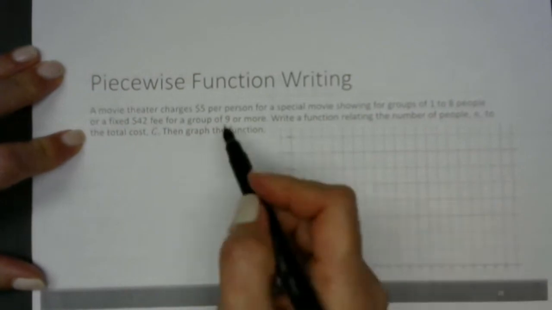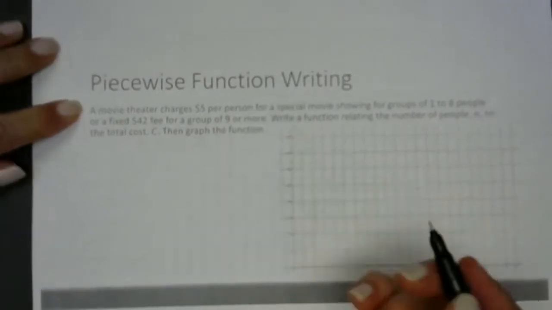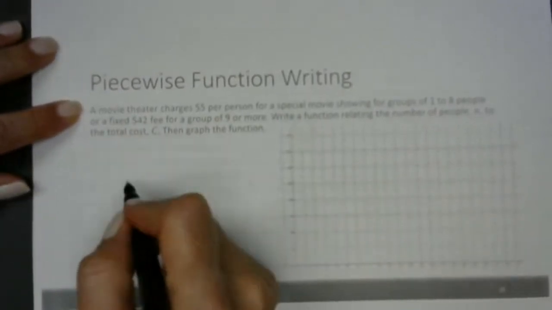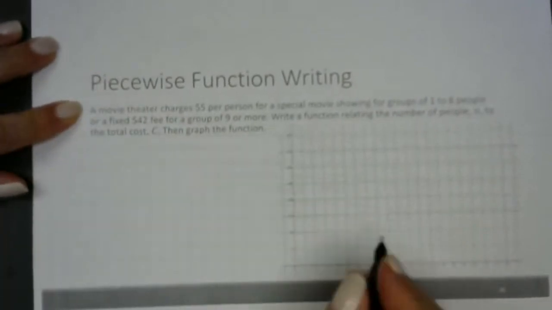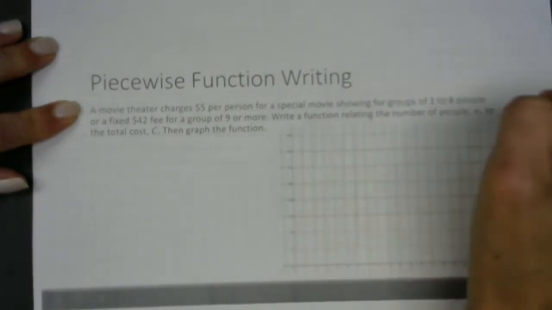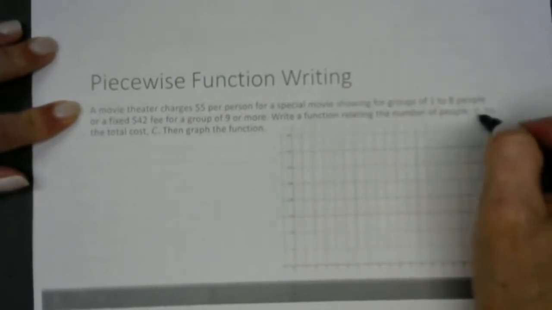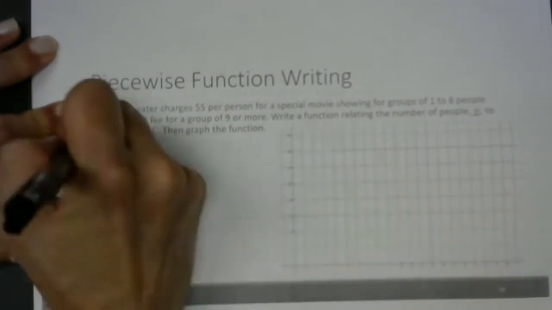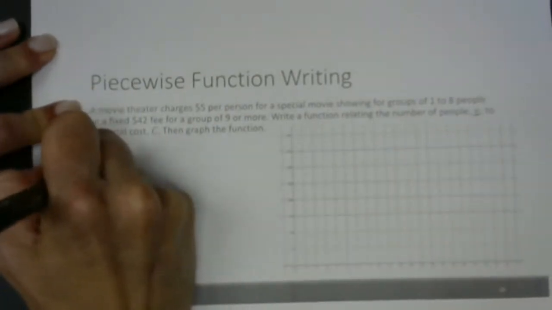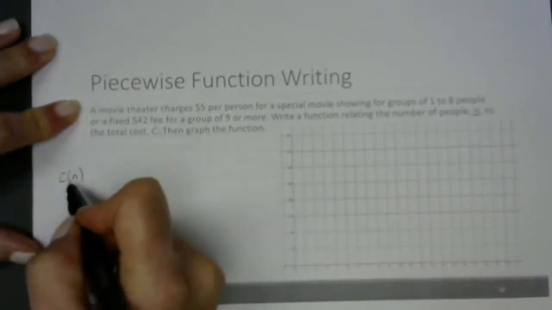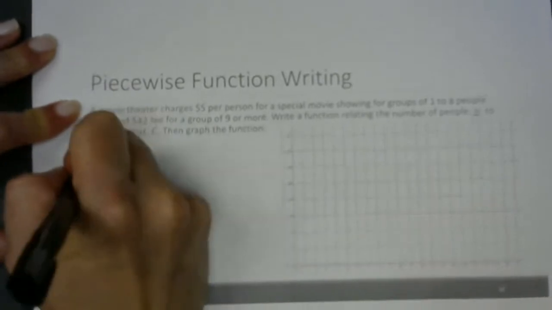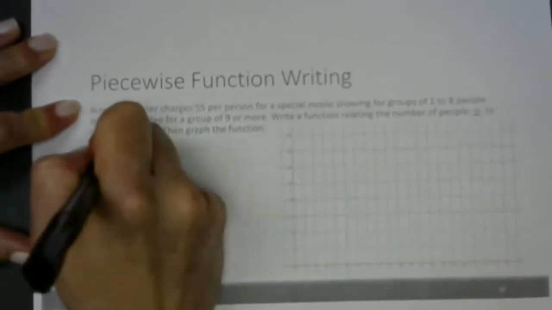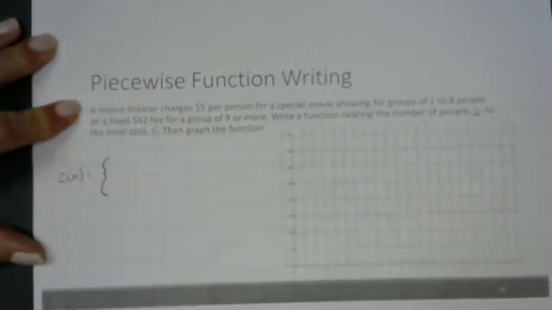Okay, so there's two things going on here. The first thing, maybe we'll call this function C of x, where X is the number of people. Oh no, they want us to do something else. There it is, N. N is going to be the number of people attending. So C of N, or the cost given the number of people attending, is going to equal, in this case, two different rules.